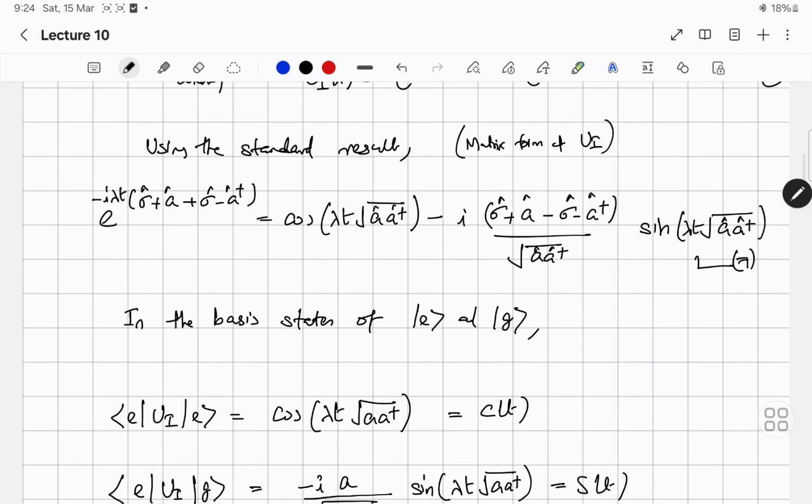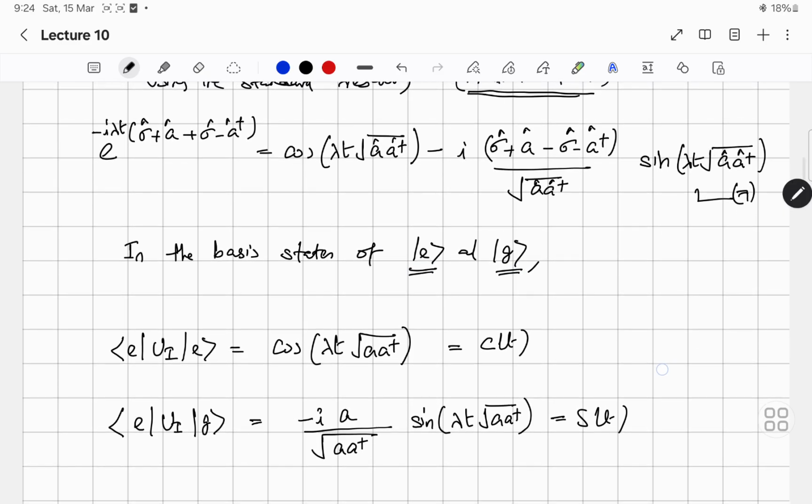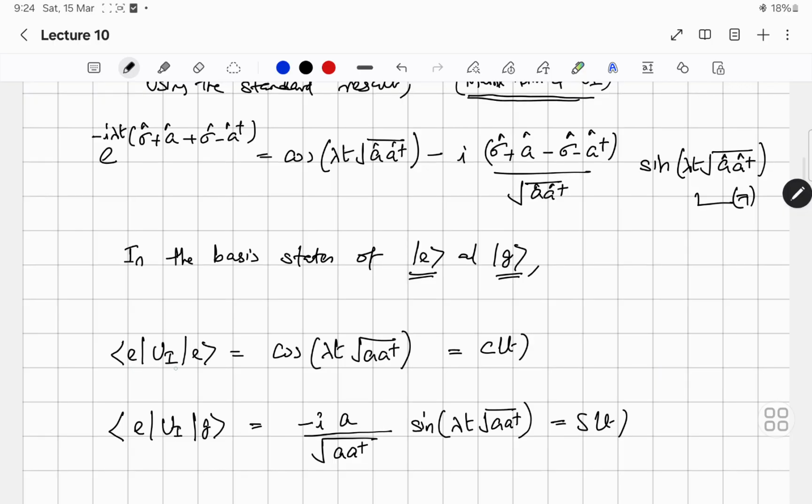Okay, now I already said we are going to find out the matrix elements of UI. So in the basis states of the atom, E and G, I can find the different matrix elements of UI. The first matrix element will be the inner product <e|UI|e>.